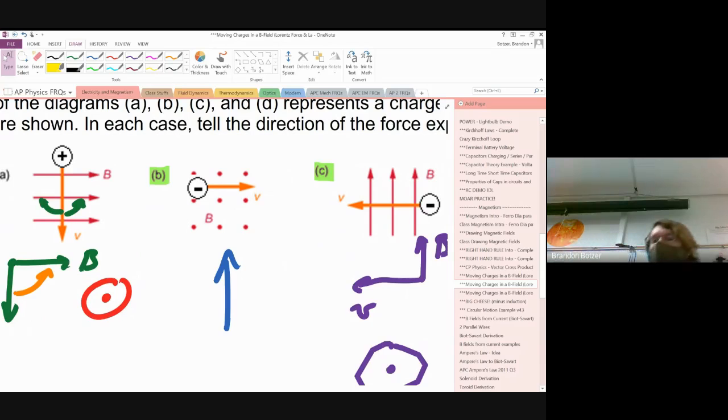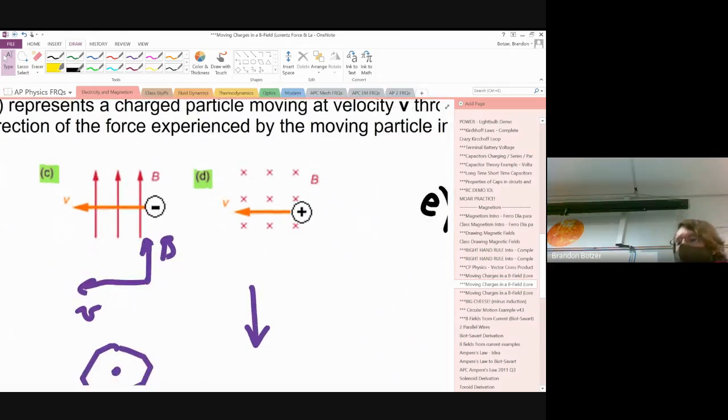And then D. Okay. So velocity's going this way, and it's coming towards me. Or the B field's going into the board. B field's going into the board. Oh, okay, that confused me. So is this the B field, my thumb, or is it just always this?